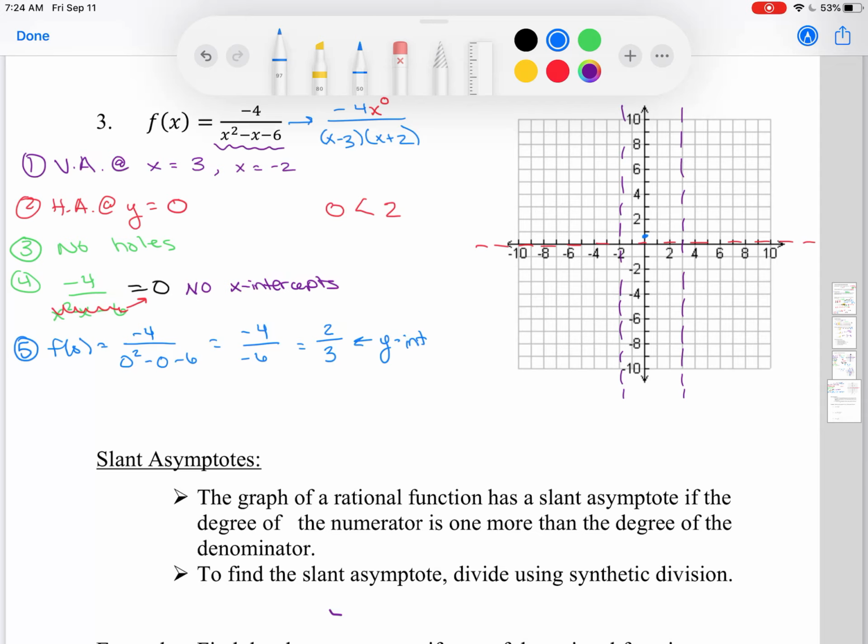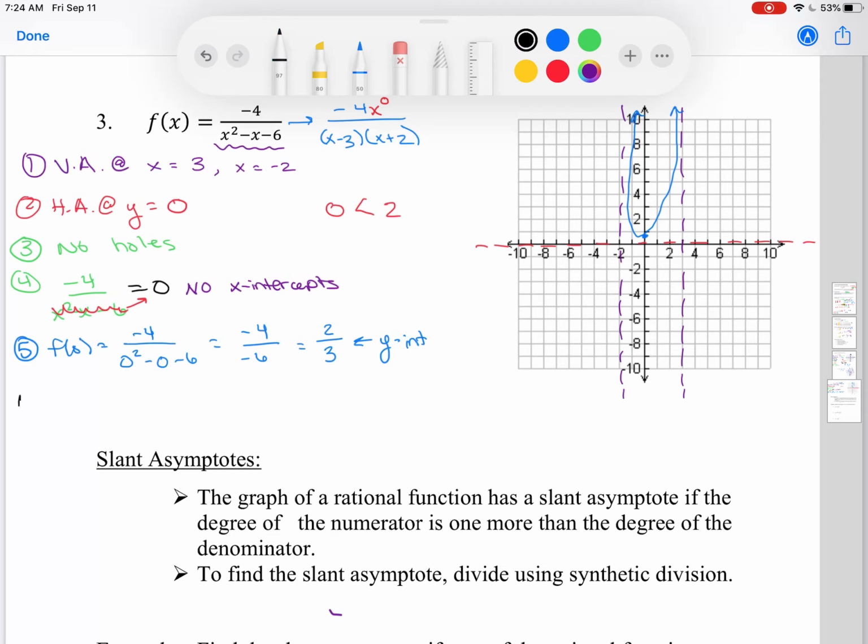So right now, if we remember, your parabola is always going to be in the middle between your 2 vertical asymptotes. So this time my parabola is going to go upwards. Now I will admit I did use a calculator on this one just because it was quicker for me to see what the graph would look like.